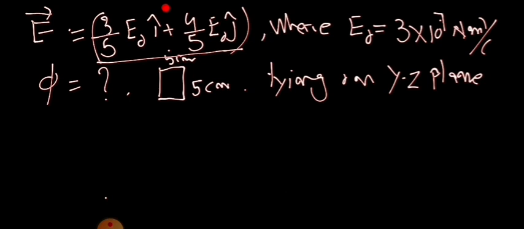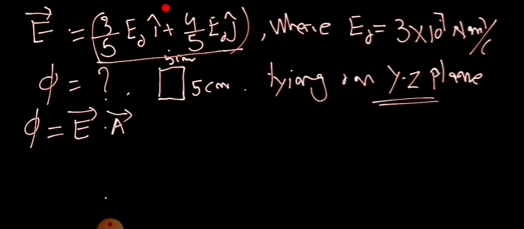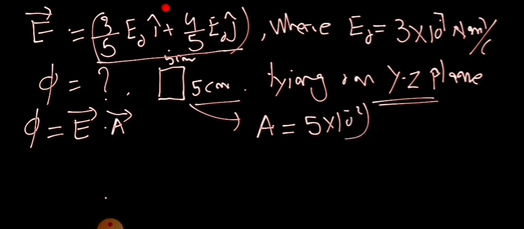So we can apply directly phi is equal to E dot A. Now this YZ plane is there and the length is 5 centimeters. So the area is 5 into 10 to the power minus 2 whole square, which is nothing but 25 into 10 to the power minus 4 meter square. And the direction, YZ plane is there.